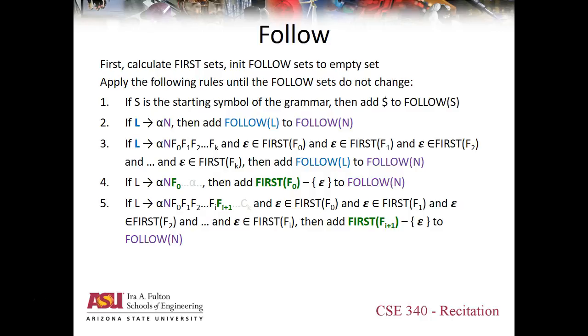And then for the fifth rule, you're looking where you've got interceding epsilons, so you effectively have the same thing that it's next to because there's epsilons in between. And so if they all go to epsilon in between, then we add the first of I plus 1, minus epsilon, to the follow of n.